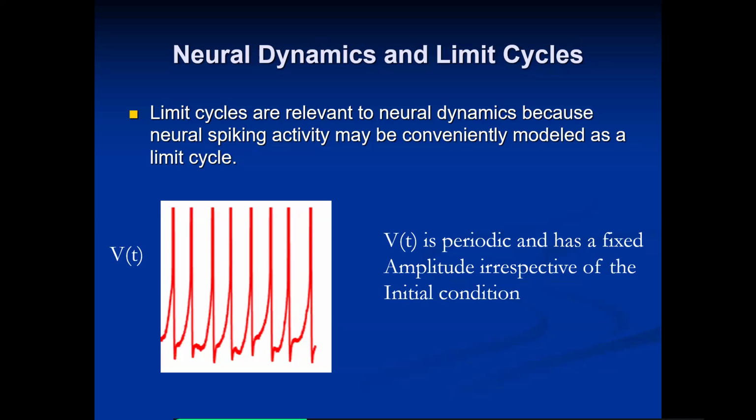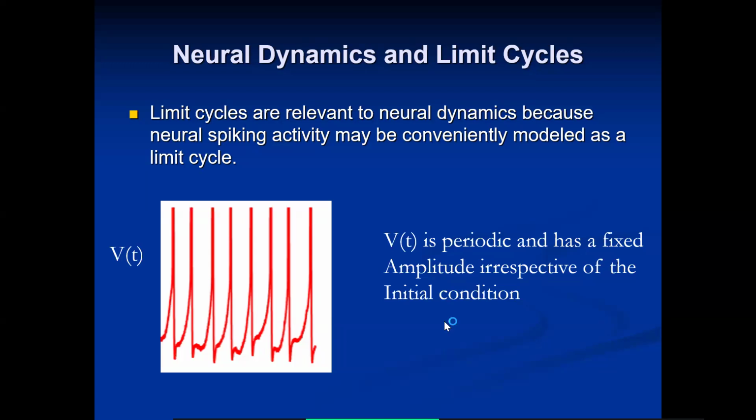So if you look at the flow of the system in 2 dimensions, if you plot v of t against a second variable, let's say some n of t, that will look like a closed loop in 2 dimensions. If you plot v of t as a function of time, it will look like this.